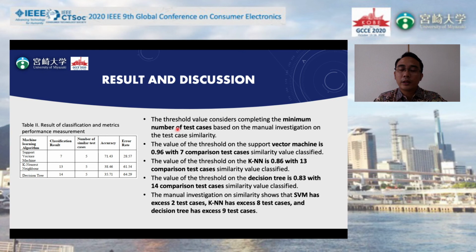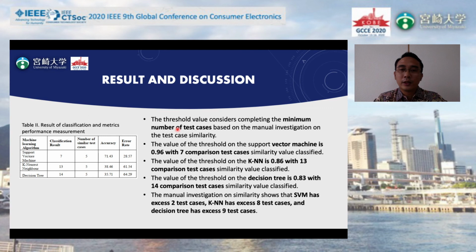The value of the threshold on the support vector machine is 0.96 with 7 comparison test case similarity values classified. The value of the threshold on KNN is 0.86 with 13 comparison test case similarity values classified.